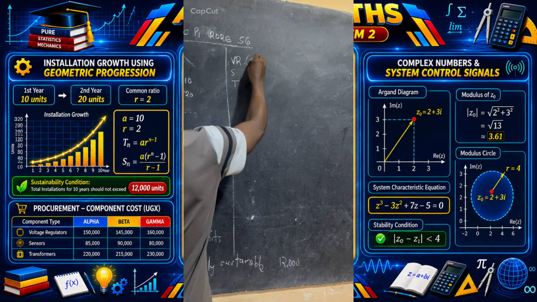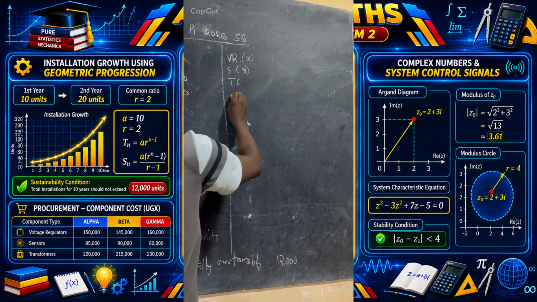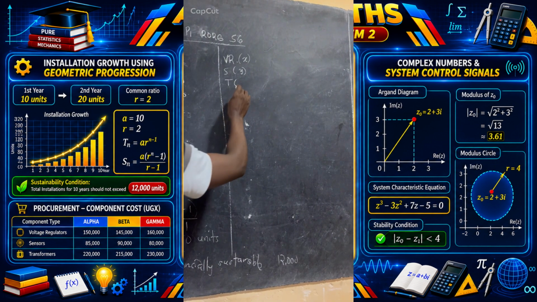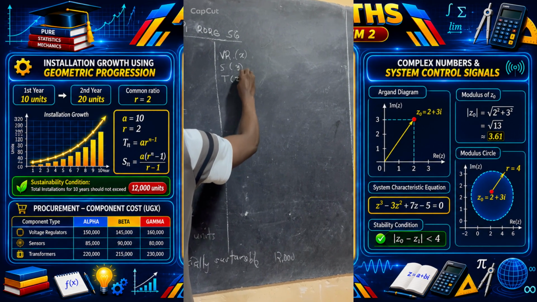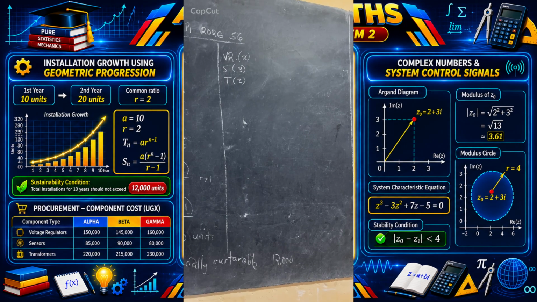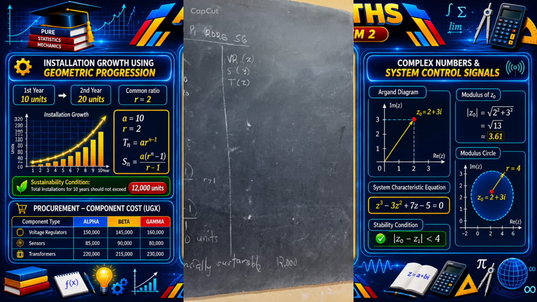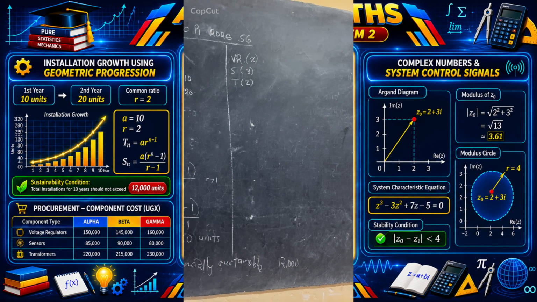Voltage regulators, let me define them by X, sensors, let me define them by Y, then transformers, let me define them by Z, from these vendors alpha, beta, and gamma. But it is in $1,000, that shouldn't be forgotten.